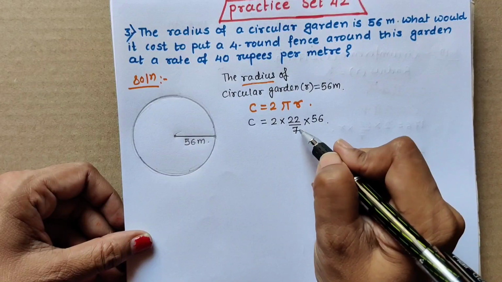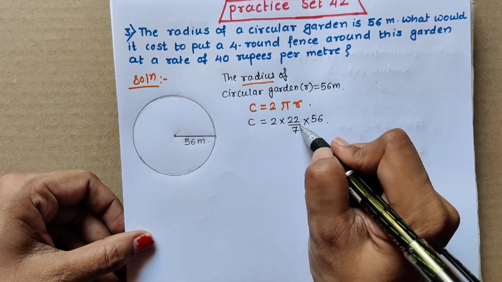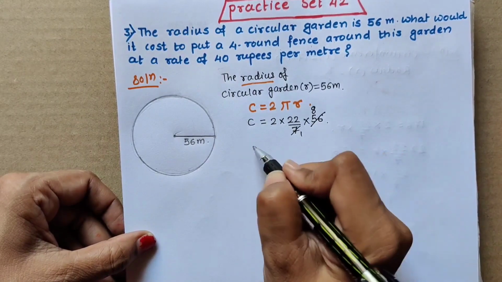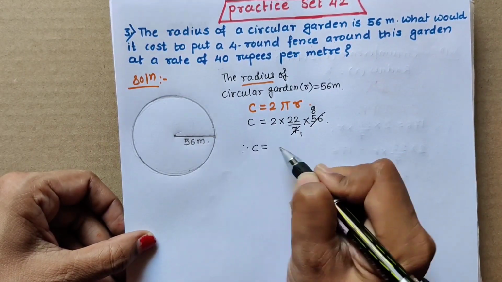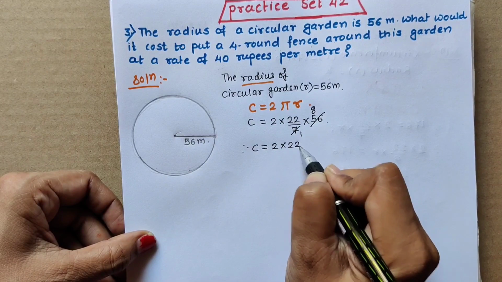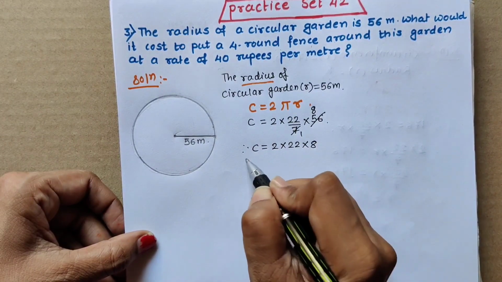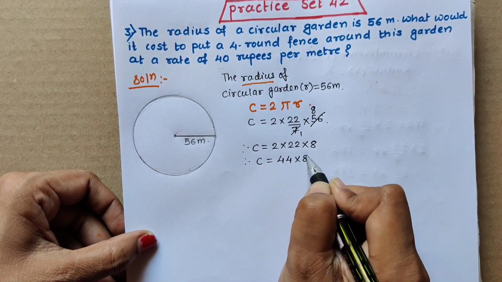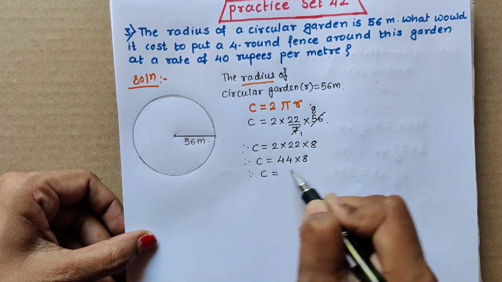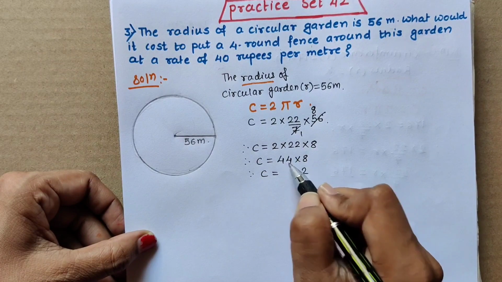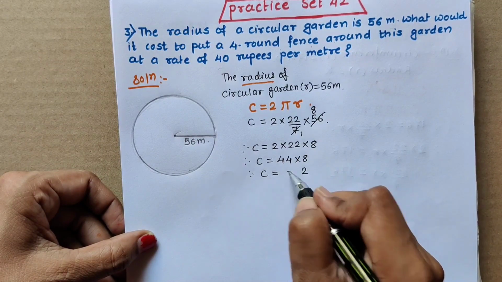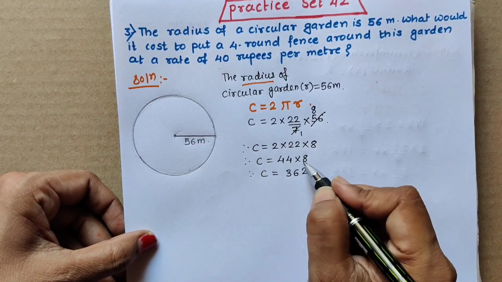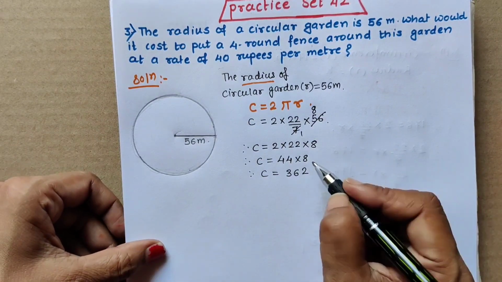Now cancel this 56. 7 8s are 56, 7 1s are 7, and therefore C is equal to 2 into 22 into 8. That means 44 into 8. That means C is equal to 8 4s are 32, 8 4s are 32 plus 3, 36. Correct?